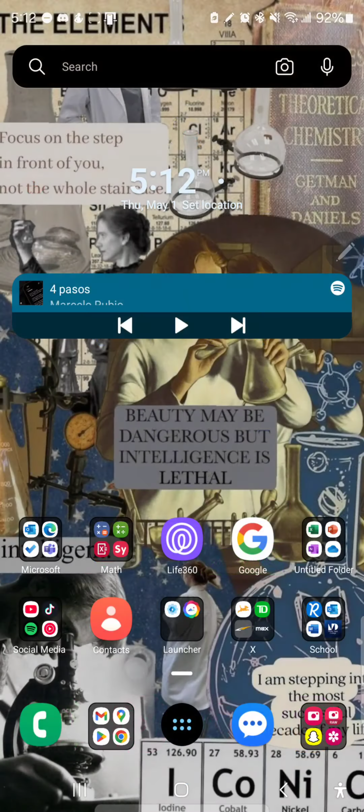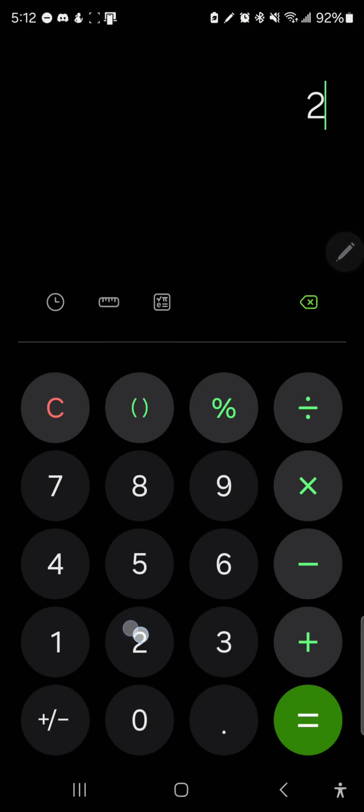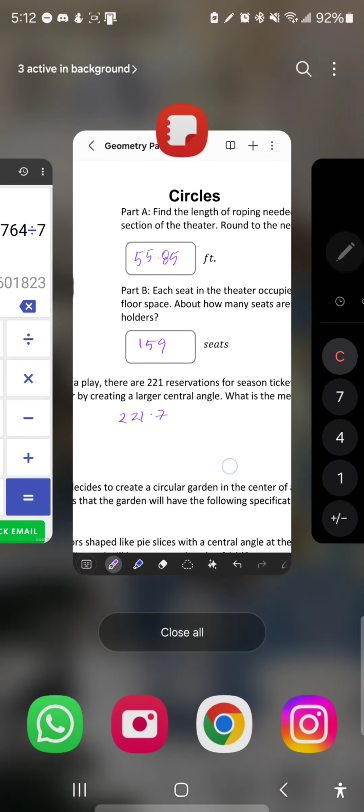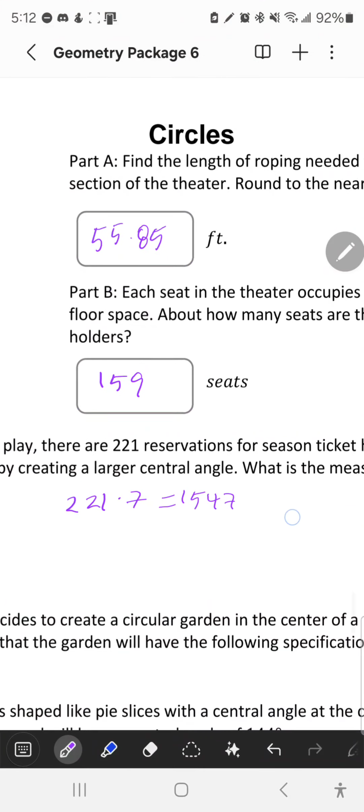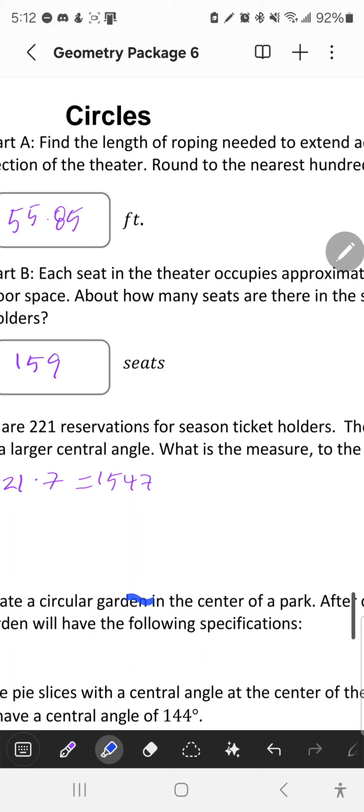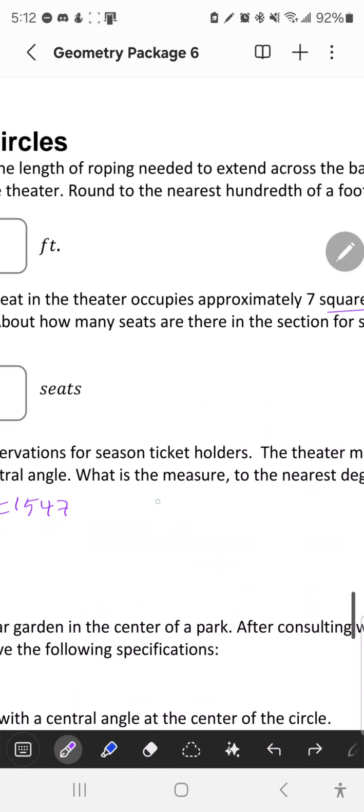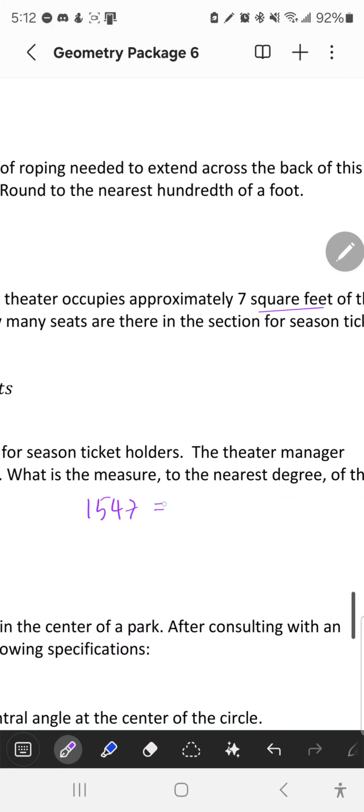Go to our calculator. I'm going to use another one so I don't delete that one. So 221 times 7 is 1547. Now this is the area that I need. So I'm going to say that the area, which is 1547, is going to be equal to the angle over 360 times pi r squared, where r is 40, so 40 squared.